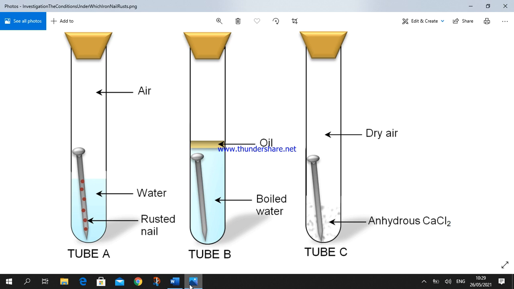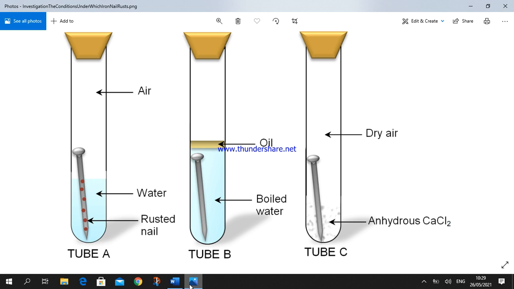The third test tube, C, contains an iron nail and oxygen without water, achieved by using anhydrous calcium chloride to remove any water vapor from the air. In this case, the air is known as dry air due to the absence of water vapor.